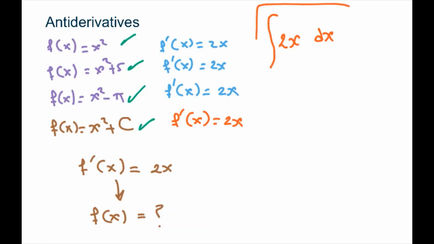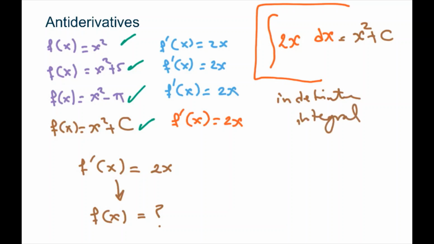This notation is going to be equal to x squared plus c. This whole expression is called the indefinite integral, which is another way of saying the antiderivative of 2x.